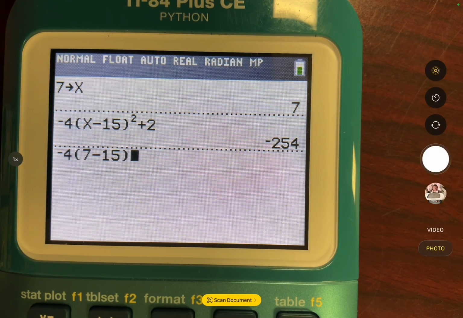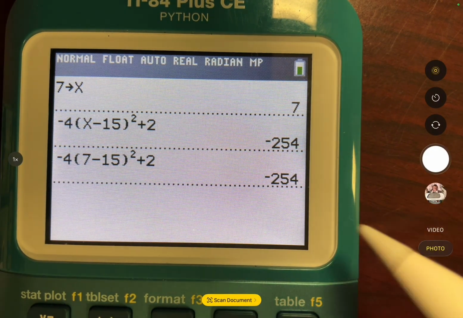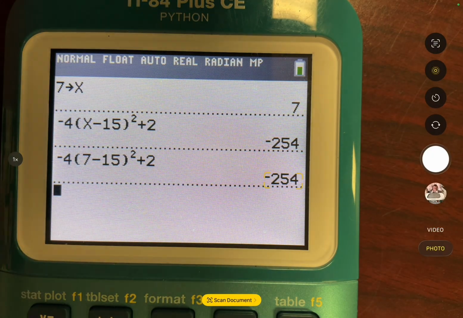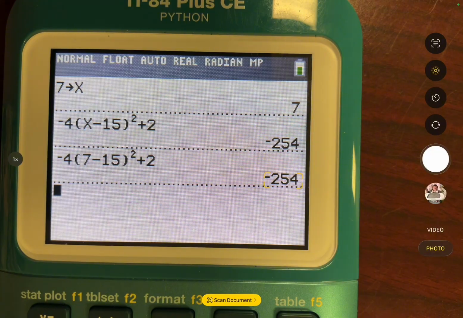And there's your -254. The only reason I do prefer storing is because of negative numbers, and sometimes you get some crazier equations, just like you probably will on the packet. So I would use the store feature.